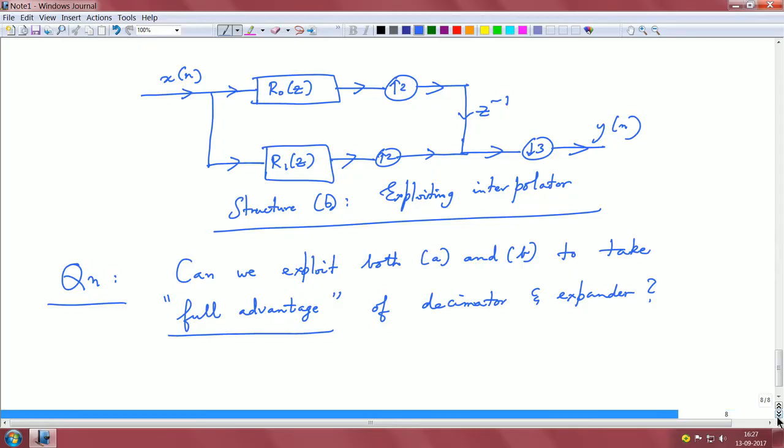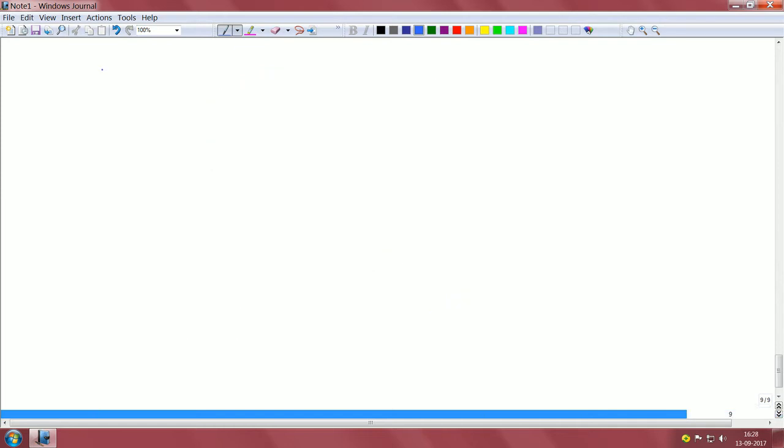So this question was addressed by a gentleman by name Shao way back in 1990, and that led into a really truly efficient architecture for an M/L decimator, okay. And this is very simple, as you can see, with a few elementary tricks we can just get to the answer.